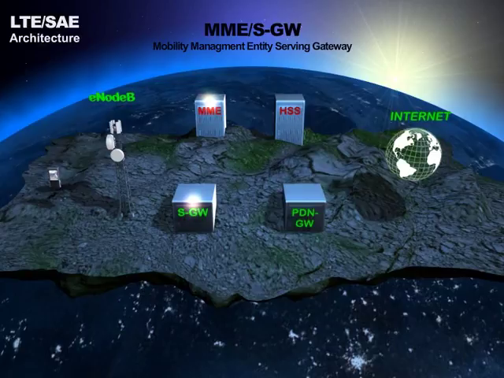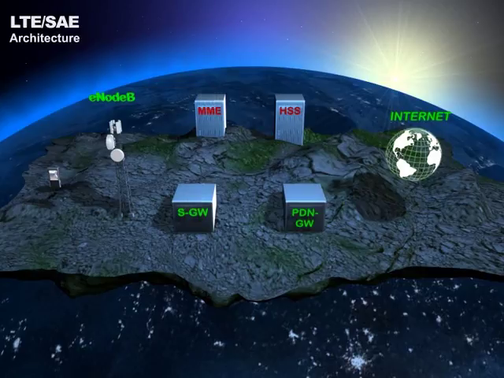This last router is split into two parts. MME is only involved in the control plane, and the main function for the serving gateway is transporting user plane IP packets.